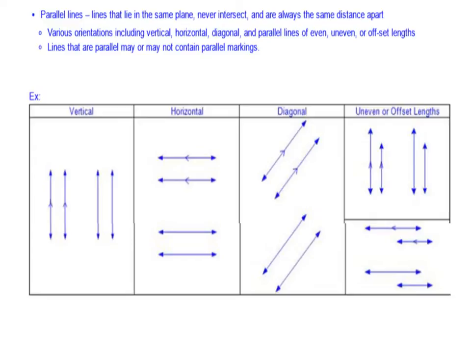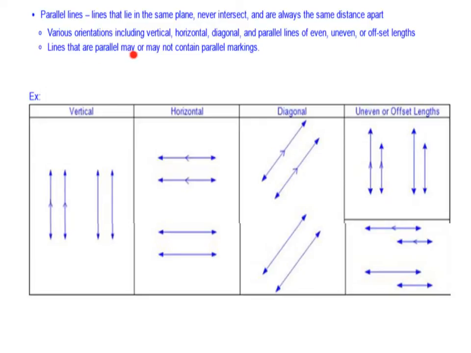Various orientations, including vertical, horizontal, diagonal, and even uneven, or should I say offset, lengths can be parallel lines.